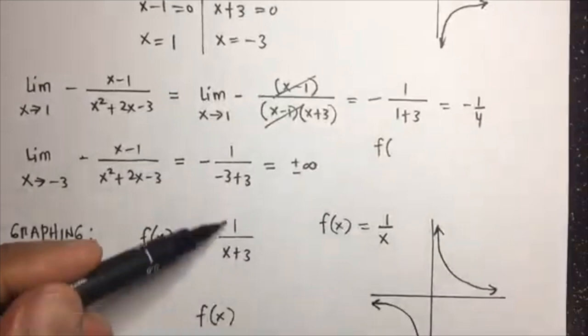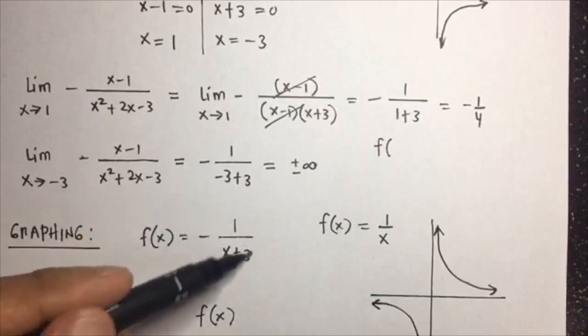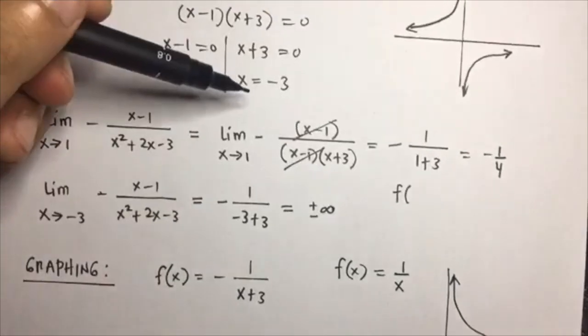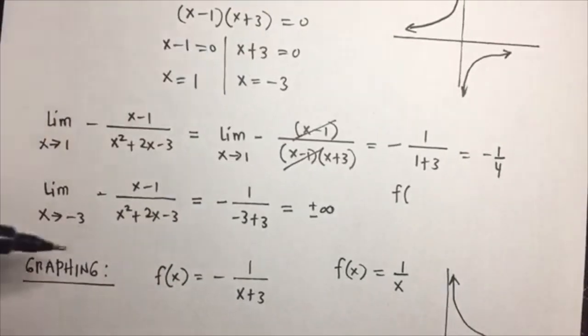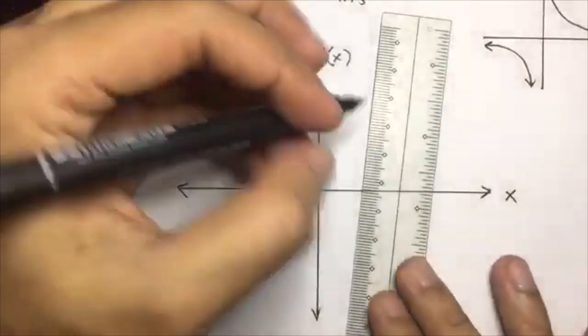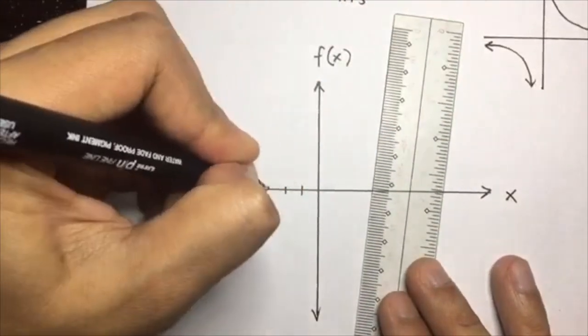Okay, so again, since the location of the zero denominator is displaced by 3, the location of the infinite discontinuity is at x is equal to negative 3, right? So therefore we will have negative 1, negative 2, negative 3.